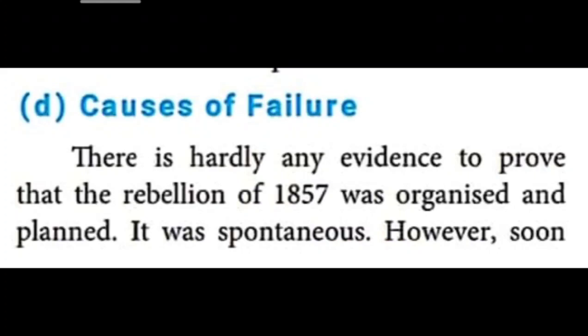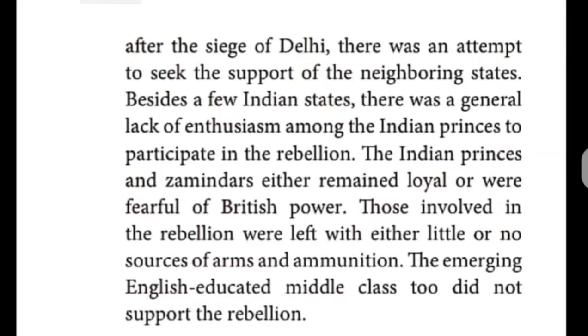However, soon after the siege of Delhi, siege in the sense of capture of Delhi, there was an attempt to seek the support of the neighboring states. But a few Indian states did not give any support. So there was a lack of enthusiasm, a lack of interest, among the Indian princes to participate in the rebellion.